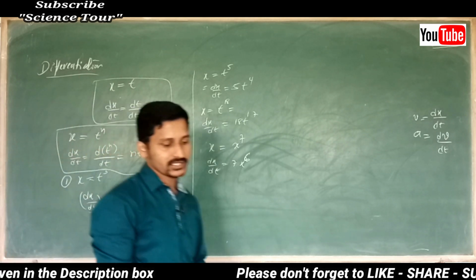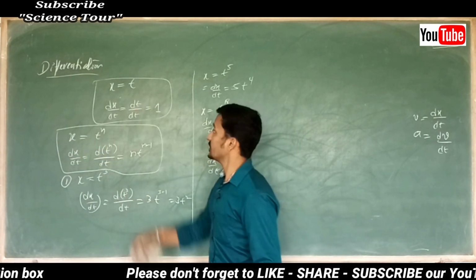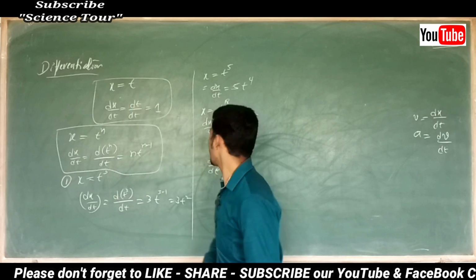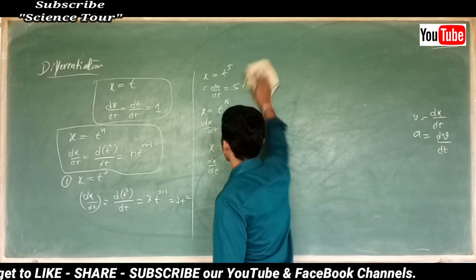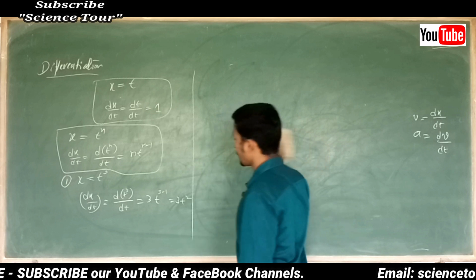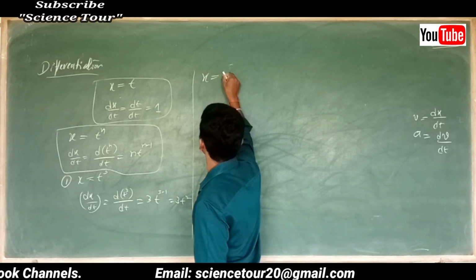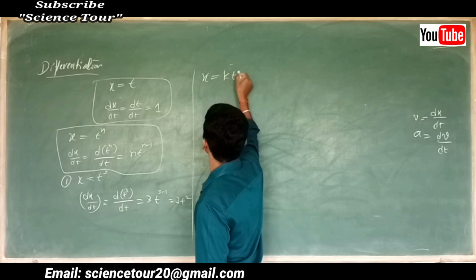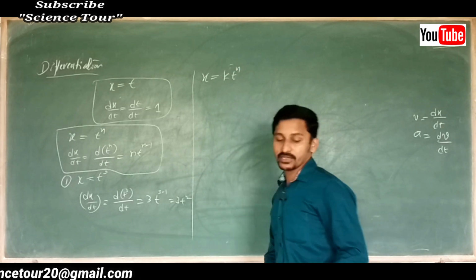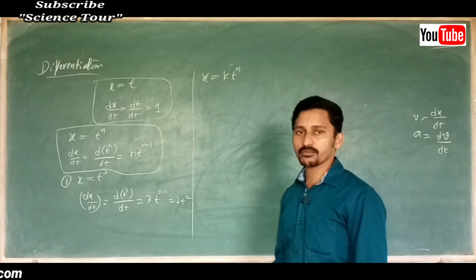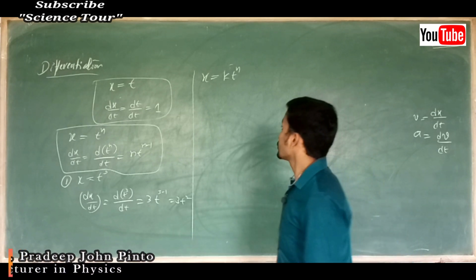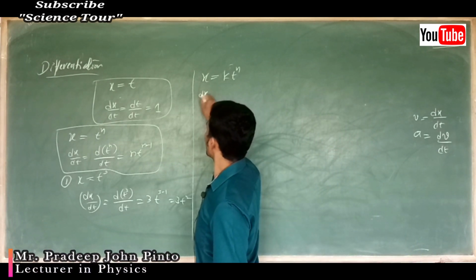Now this is only based on t they have given. I will erase this. Now what we can have is x is equal to k into t to the power n. K means some constant. When I give the examples, you will understand it. So now dx by dt means how much?